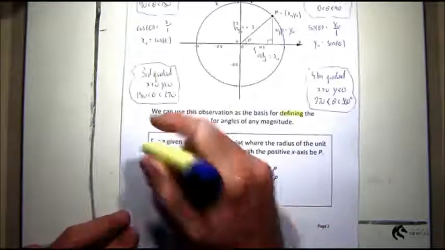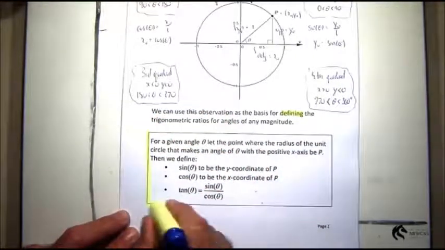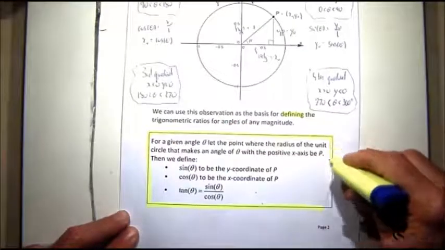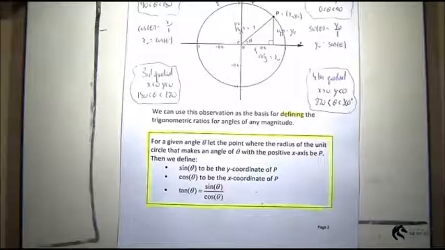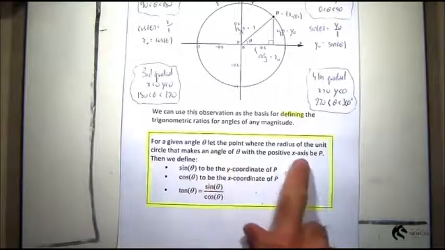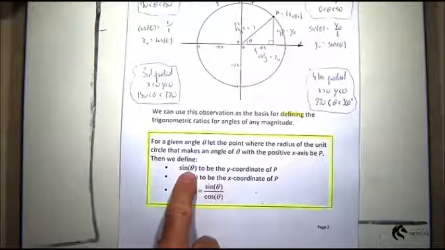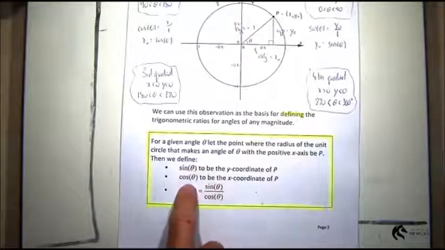So here it is, down here. Let's make this box very important. For any angle, let the point where the radius of the unit circle makes with the positive x-axis be P. Then we define the sine of theta to be the y-coordinate, the cos of theta to be the x-coordinate.